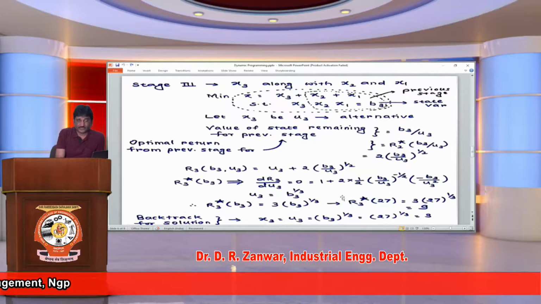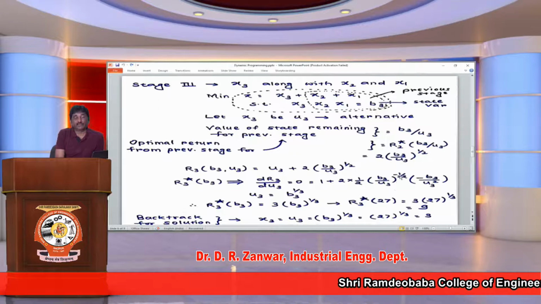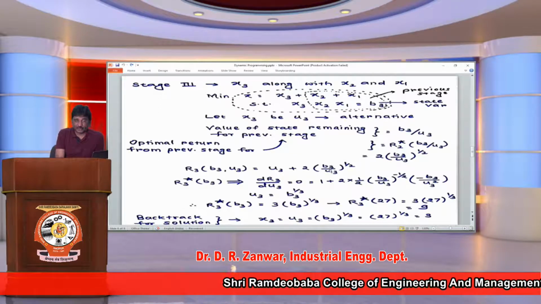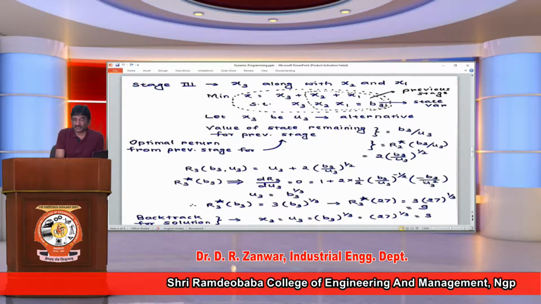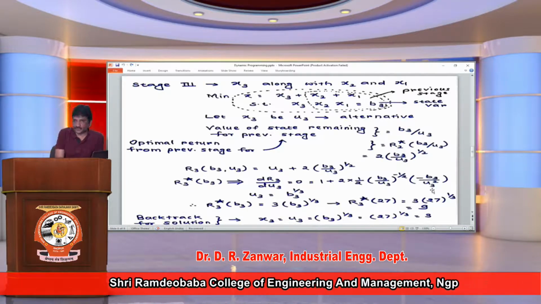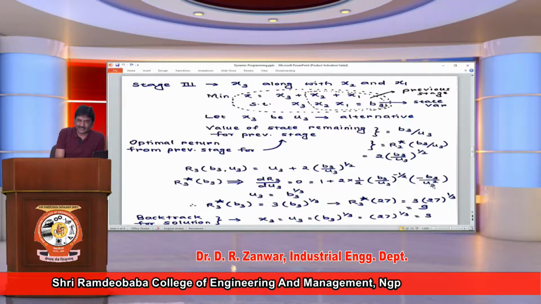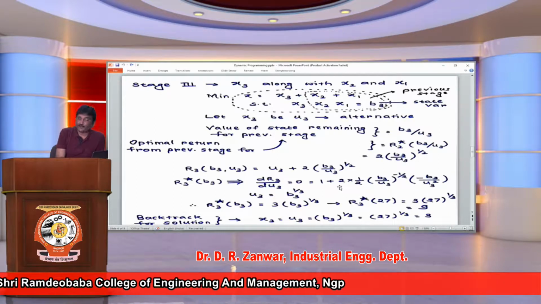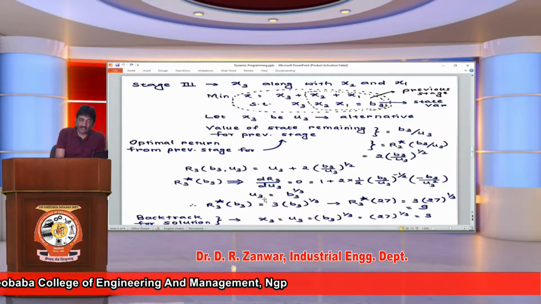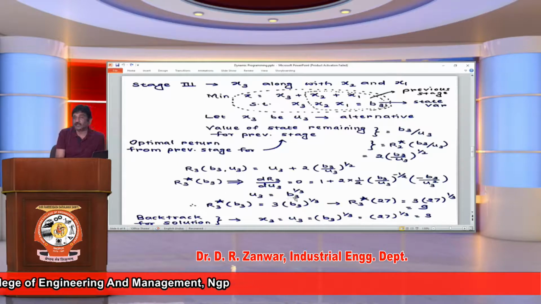Differentiation of this comes equal to 1, and differentiation of this comes equal to 2 into 1 by 2 into B3 by U3 to the power minus 1 by 2 into differentiation of B3 by U3, which comes equal to minus B3 by U3 square. Equating this to 0, we finally end up getting U3 is equal to B3 to the power 1 by 3.